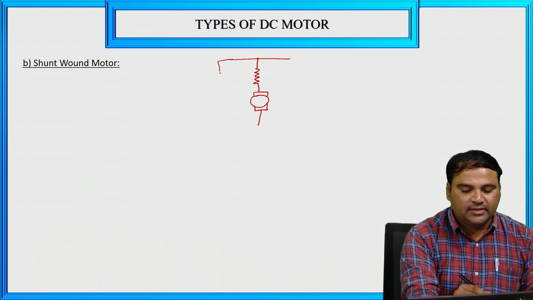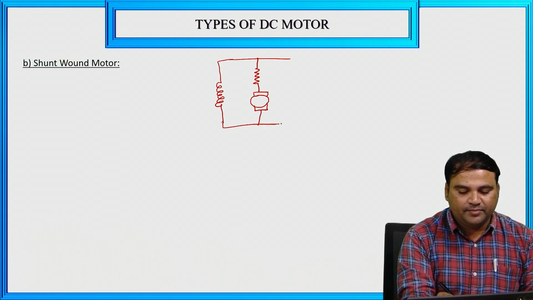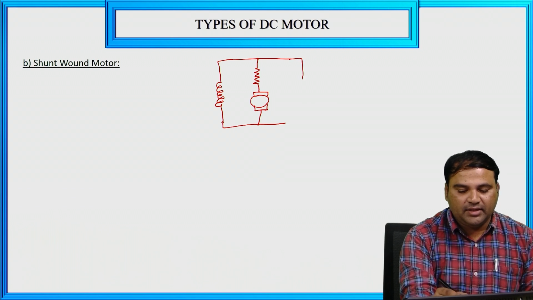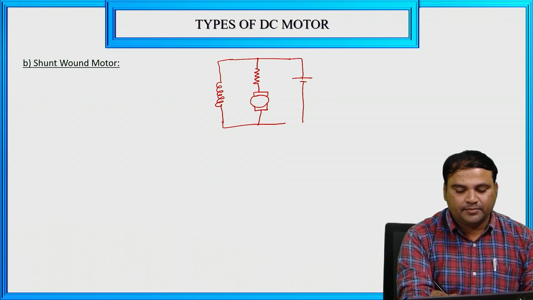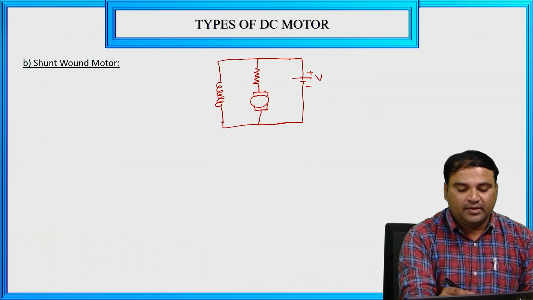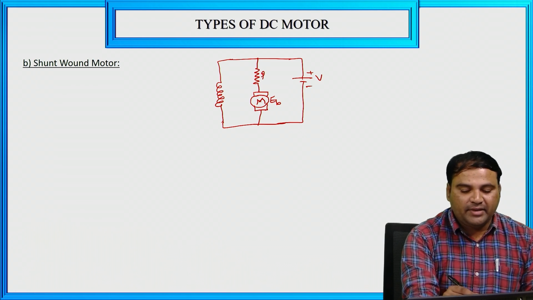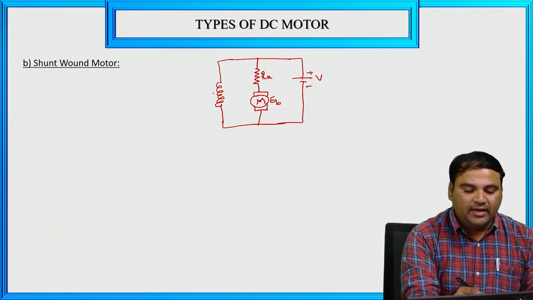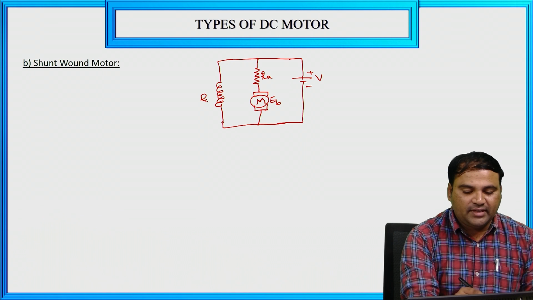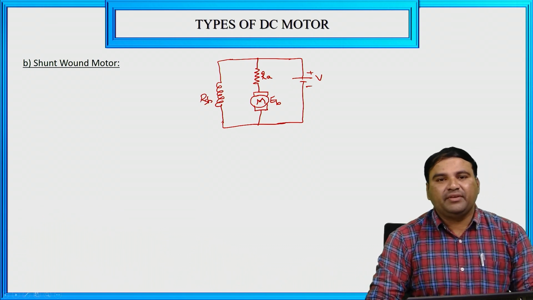It is connected with the shunt field winding, and on this side we give the DC supply. Plus minus supply voltage is V, and this is the motor. For this motor we have the back EMF EB, this is the armature resistance RA, and this is the shunt field winding having the shunt field resistance RSH.